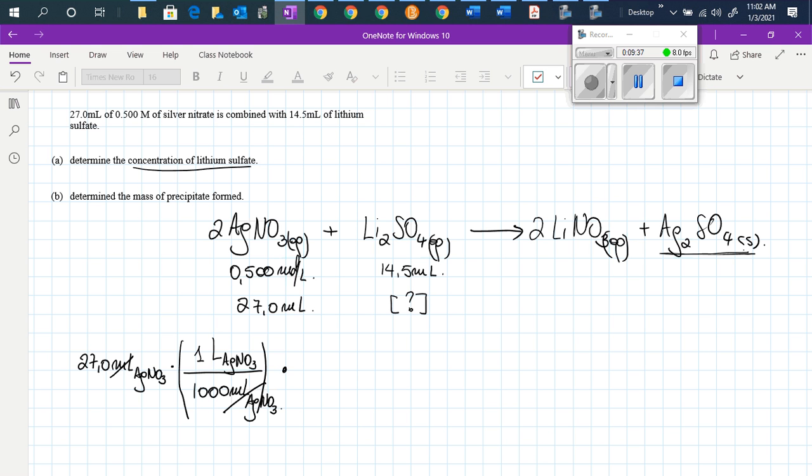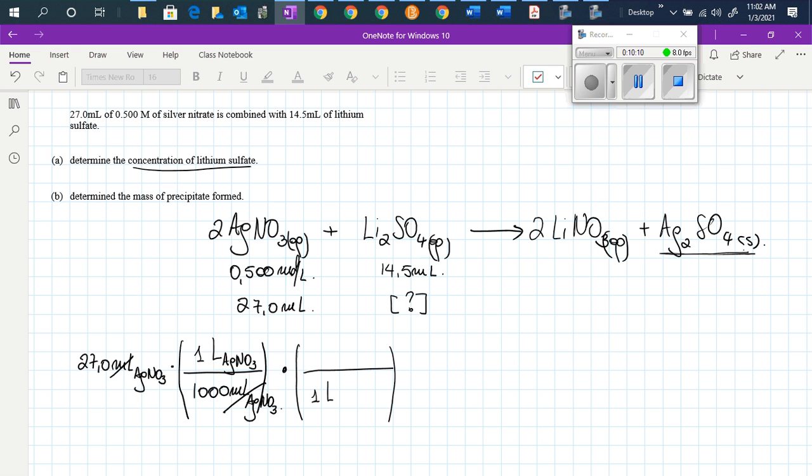The connection between liters and moles in solution, this is a solution, how do we know? It's moles per liter, which is the concentration. So the concentration given is telling us that in 1 liter, we have 0.500 moles of silver nitrate. Or if we have a concentration of 0.500, then we have to have 0.500 moles of silver nitrate in 1 liter.